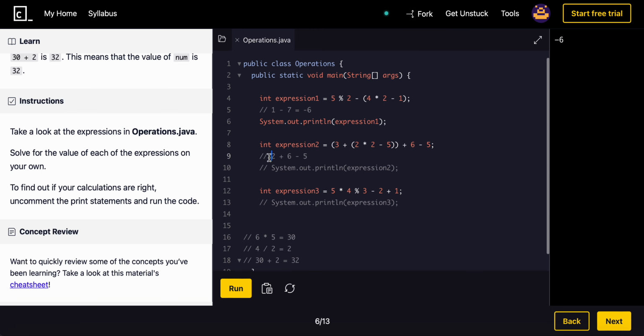And then you do 2 plus 6, which is 8. Then minus 5, which equals 3. So let's run it. You should get 3. Oh, maybe if we uncomment the code, then we'll get 3. Perfect.